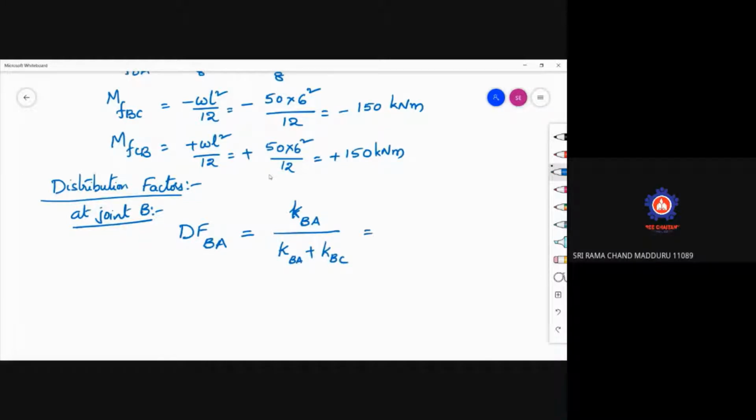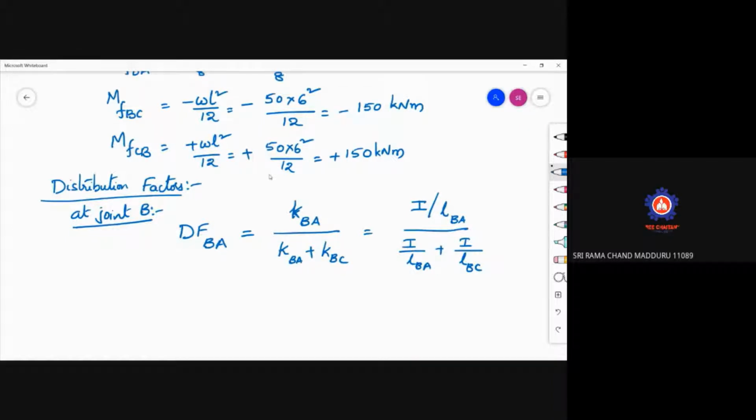So this relative stiffness we are writing as I by L. So KBA, I am calling, can be written with LBA or L1. So this is I by length of member BA plus I by length of member BC. So here I am writing it as I, as the moment of inertia is uniform. Otherwise, if it is varying, we need to consider it as I1 and I2.